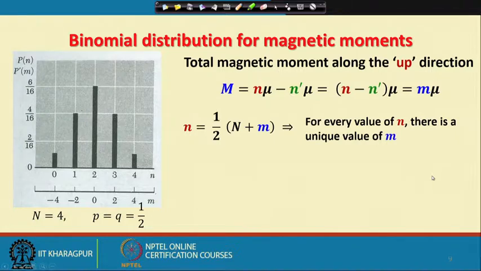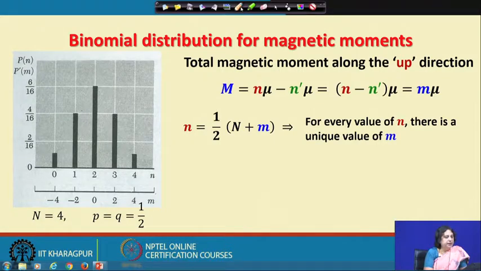The total magnetic moment along the up direction by definition is given by the magnetic moment in the up direction multiplied by the number of such magnetic moments. Then if I have n prime magnetic moments pointing anti-parallel or down, then the associated magnetic moment along the up direction is minus mu. This gives the contribution of all the spin-half particles aligned anti-parallel to the up direction.